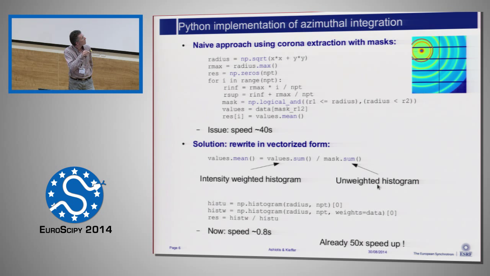So this whole small snippet of code can be redone in 3 lines containing 2 histograms. So 2 calls to histogram, 1 unweighted, 1 weighted, and we divide the weighted one by the unweighted one, and we already have a factor 15 speedup. That's not bad. The problem is that all other programs are at the same speed.